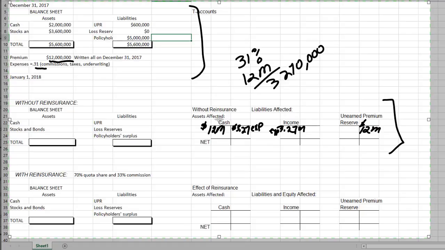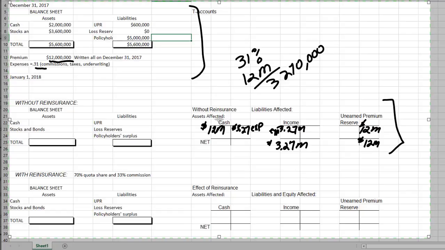Again, that's expenses. And that's basically it. So we have an increase in unearned premium reserve of $12 million. And our change in income is a reduction of 3.27. Because remember, we wrote the $12 million and really no time has passed, so we haven't earned any of it yet to reflect in income.